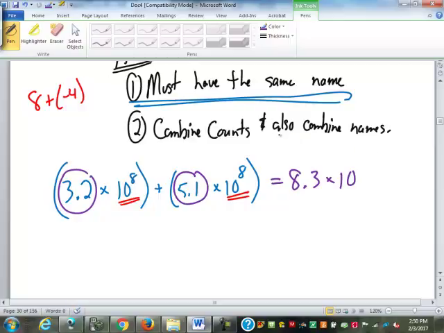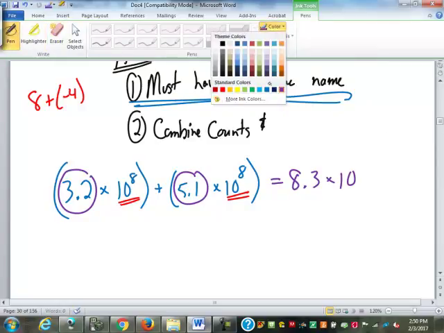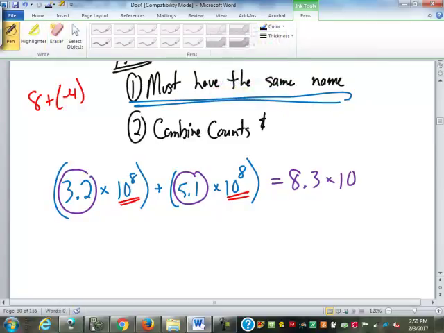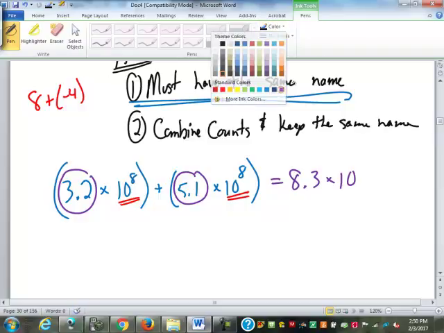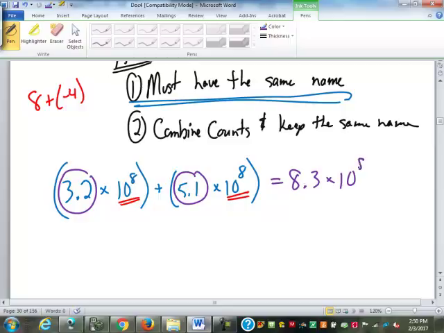Well, I wrote this down wrong here, didn't I? We don't also combine the names when we add numbers. When we add numbers, we combine the counts and keep the same name, don't we? So this is going to stay 10 to the 8th.